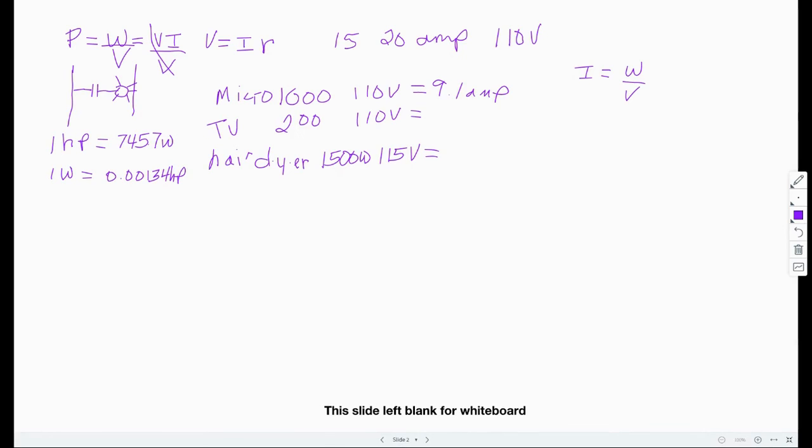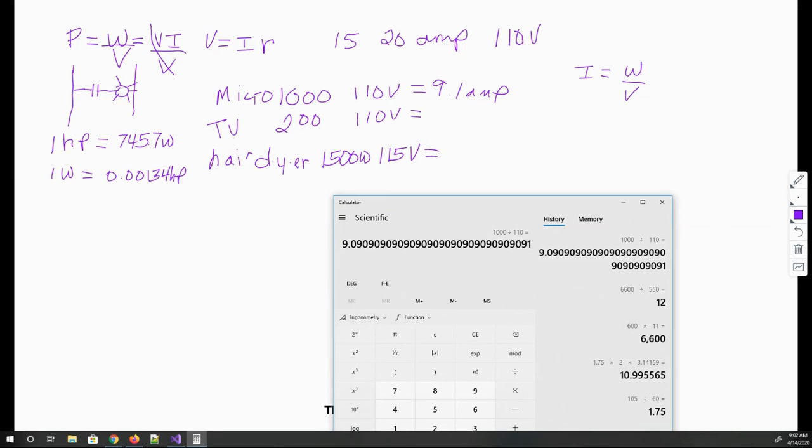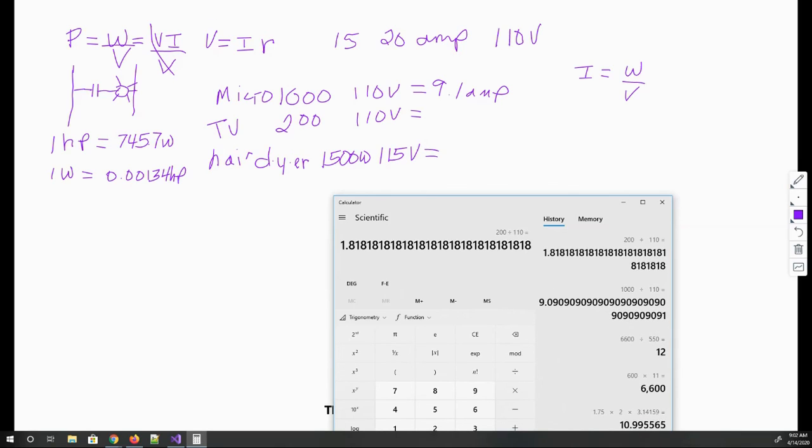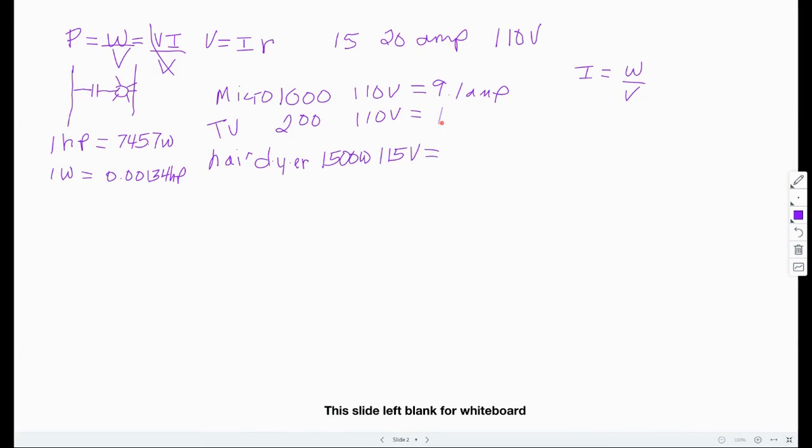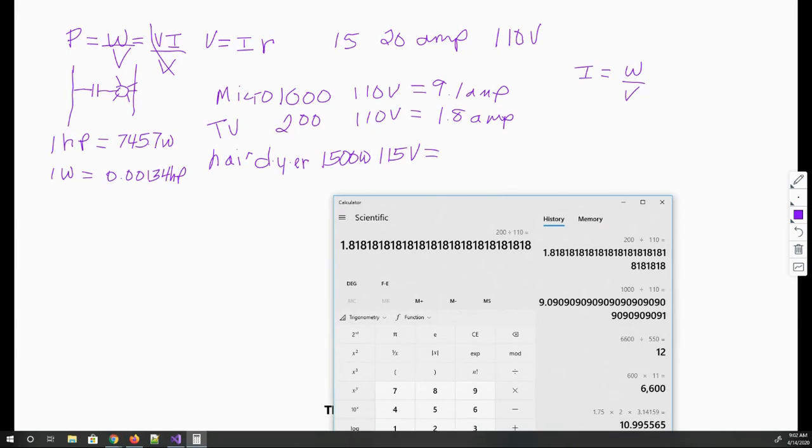Okay, my TV, 200 watts divided by 110, that's 1.8. Okay, and then finally the hair dryer. That's 13.0.